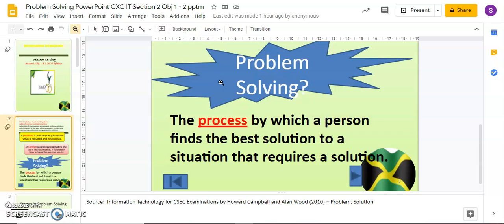Now, problem solving is the process by which a person finds the best solution to a situation that requires a solution. All right? So those problems that you thought about, yes, they require a solution.